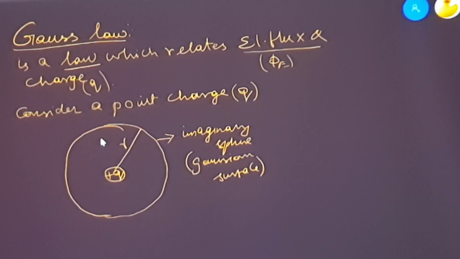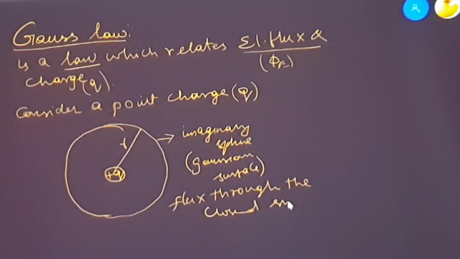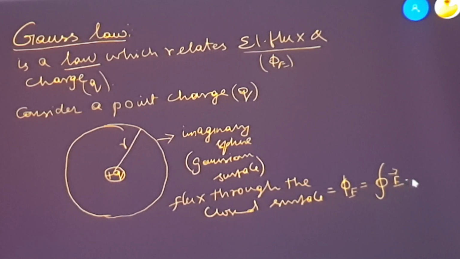How is the flux given? Already we have studied in our last video that the flux through a closed surface is phi E, which is equal to the closed integral of E vector dot dA vector.